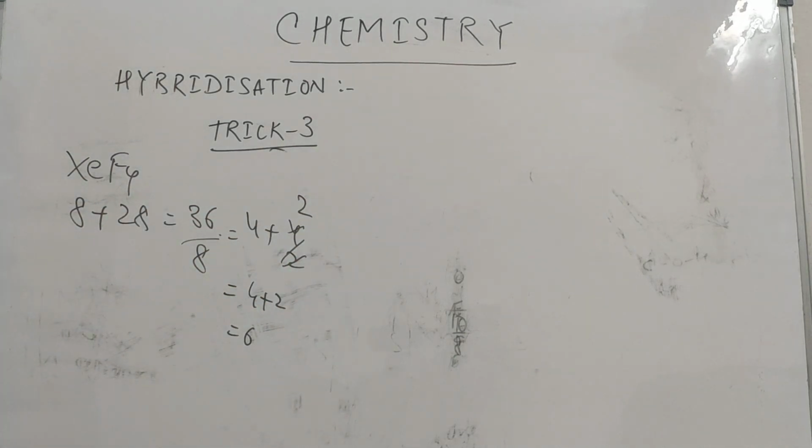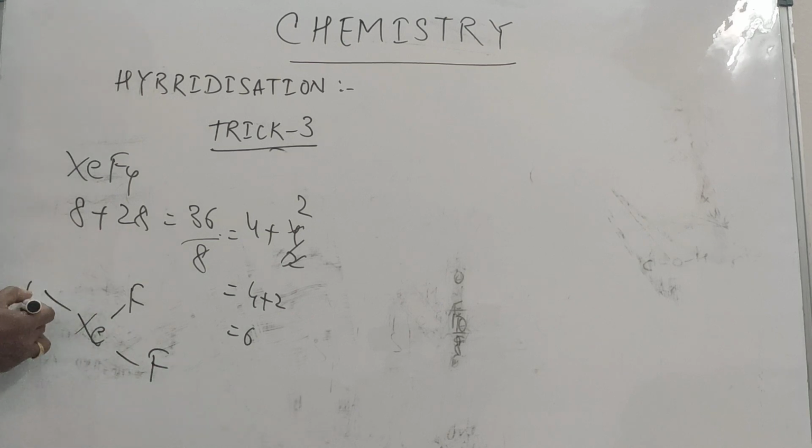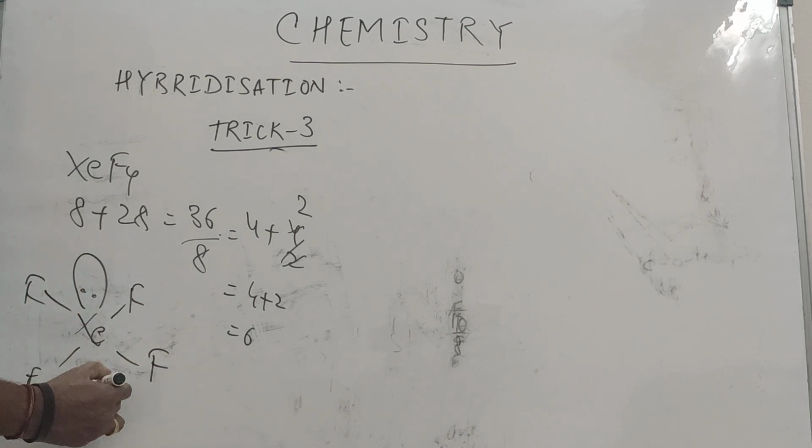That means it is sp3d2. And the shape of the molecule is square planar with 2 lone pairs. So this way we can use this trick to find out the hybridization of any compound, any molecule, any polyatomic ion.